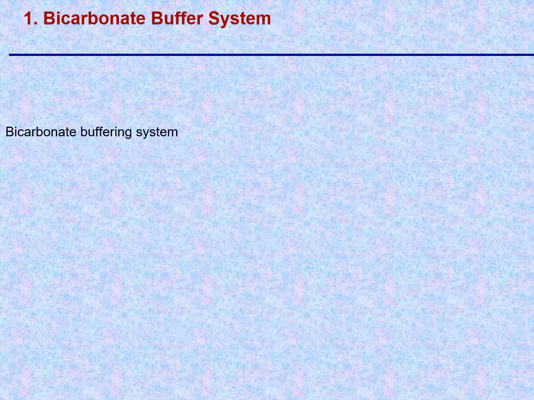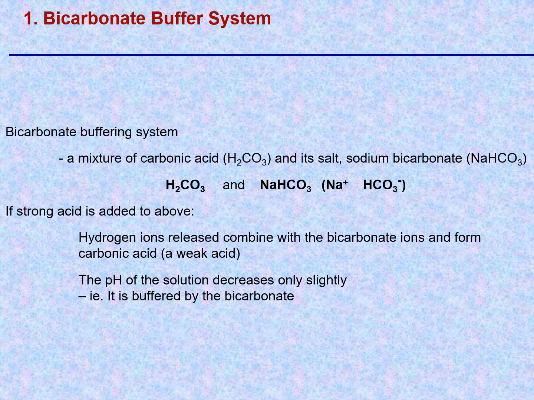In terms of the bicarbonate buffering system, I remind you of the equation of CO2 plus H2O going to carbonic acid, and then that dissociating to bicarbonate and hydrogen ions, and that goes in either direction.